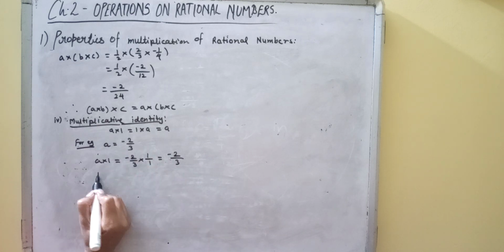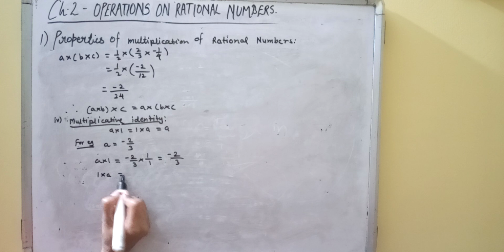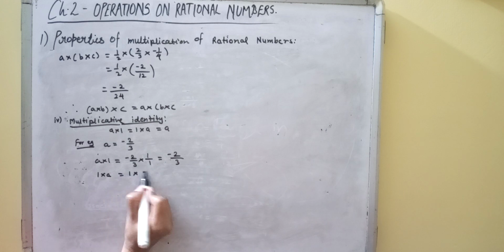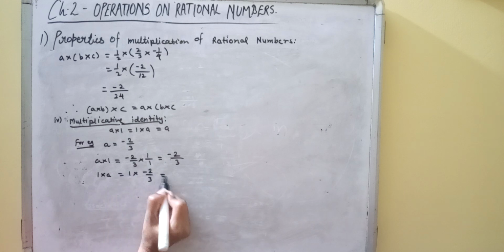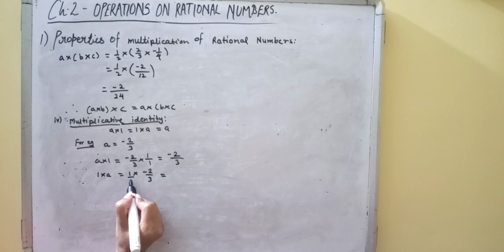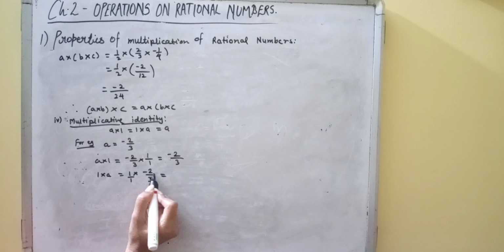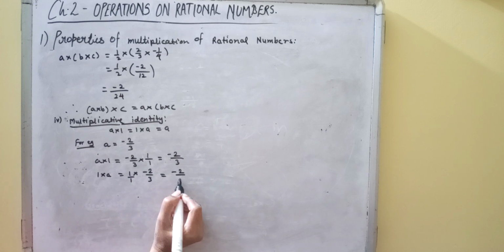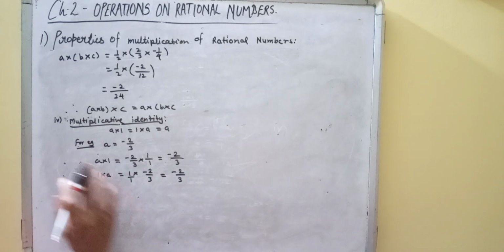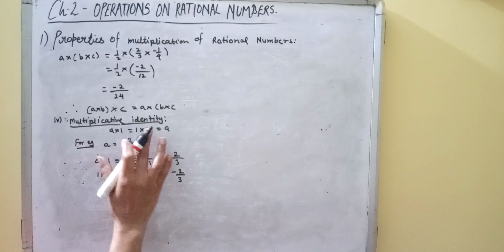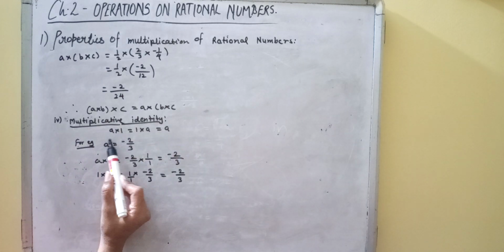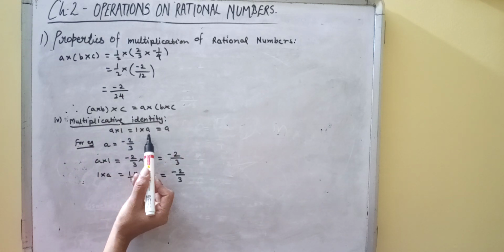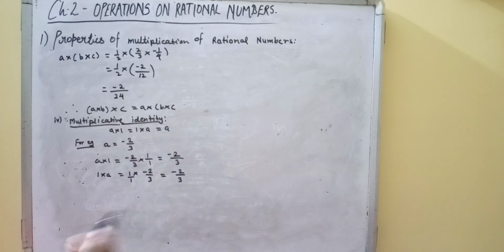Again we solve this side, 1 into A, that is 1 into minus 2 upon 3. Here 1 is written as 1 upon 1. 1 into minus 2 is minus 2 upon 3. So we verify the fourth property, multiplicative identity, that is A into 1 equals 1 into A equals A.